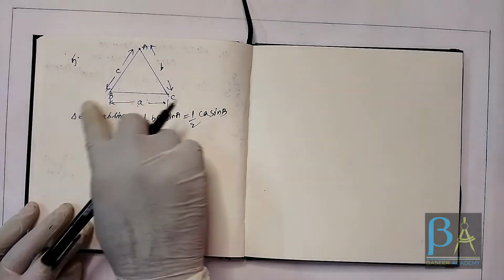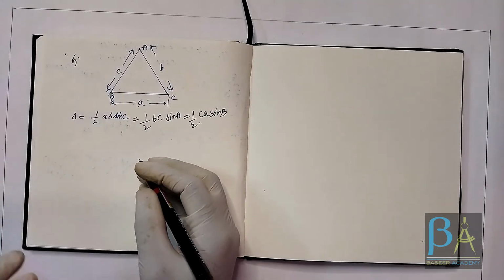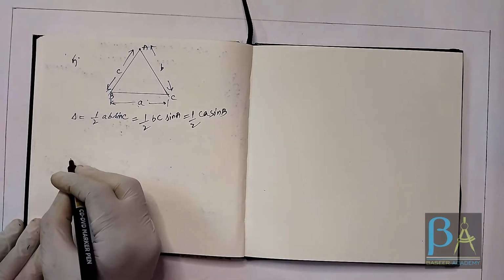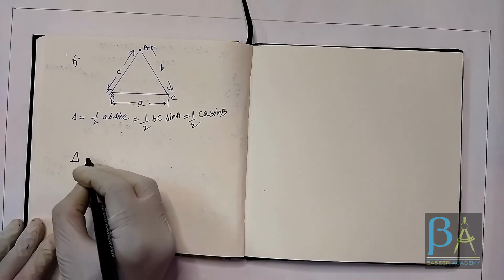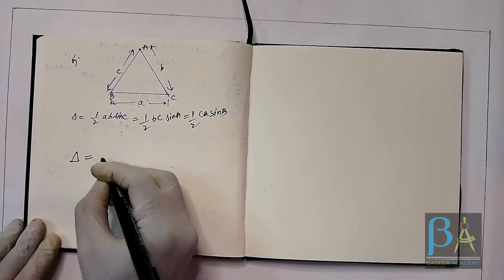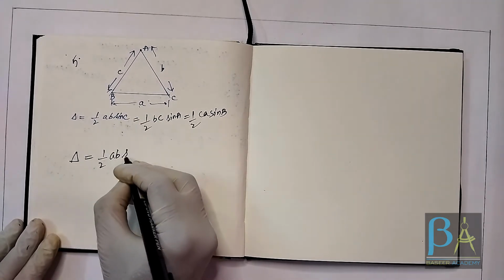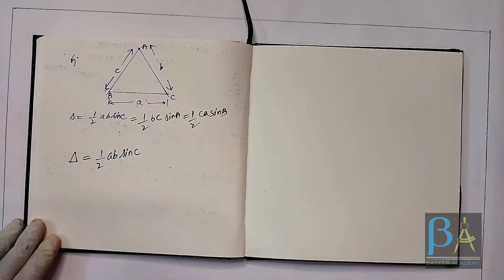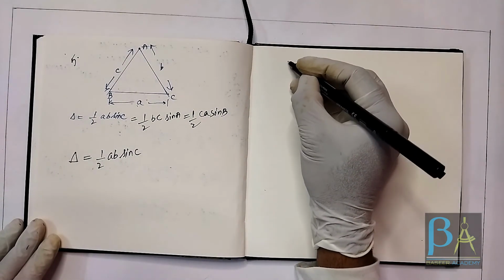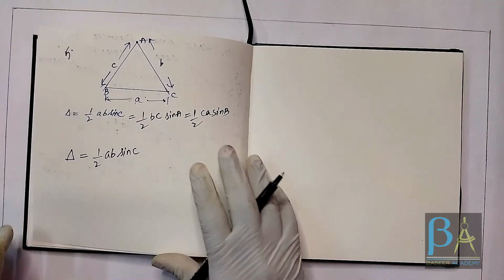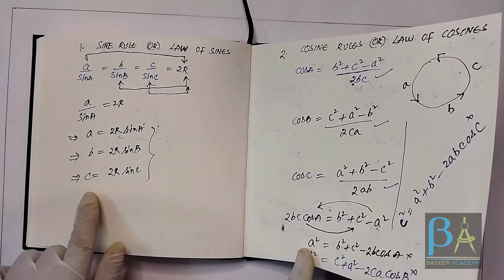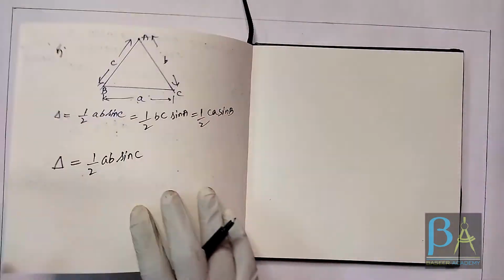There is some other thing that I can do here. Let me do it for you. Delta, which is nothing but the area of a triangle, that is half AB sine C, right? Now, as per the sine rule, I have c as 2R sine C, isn't it?